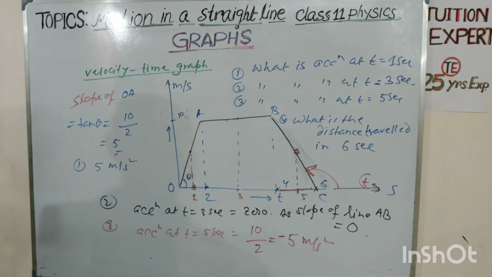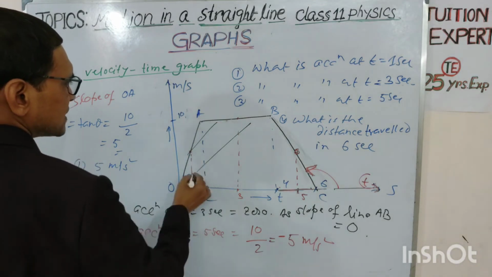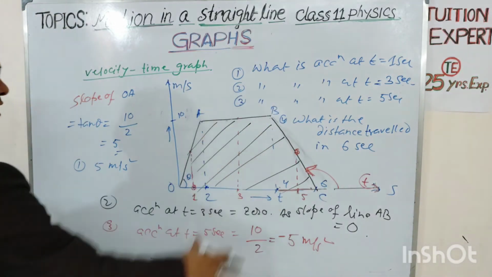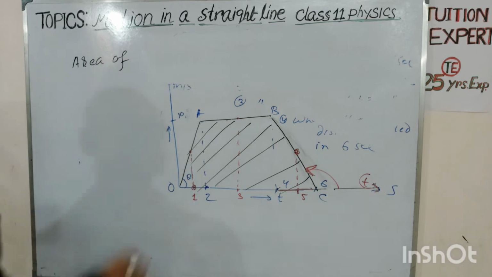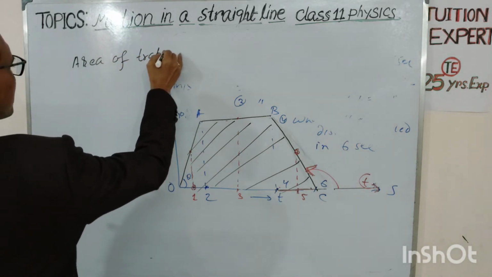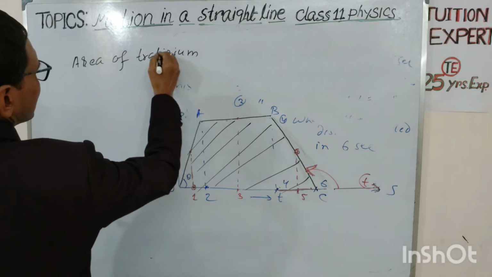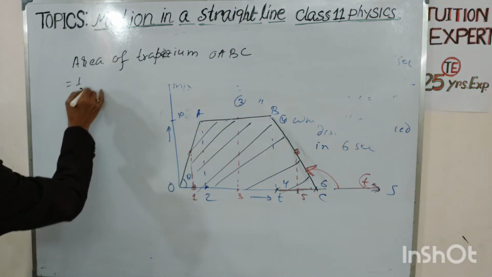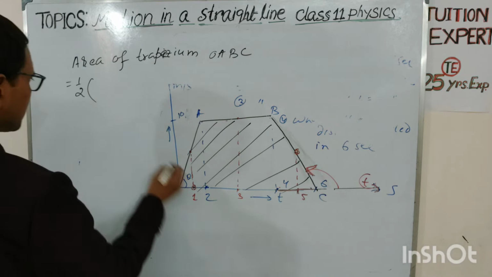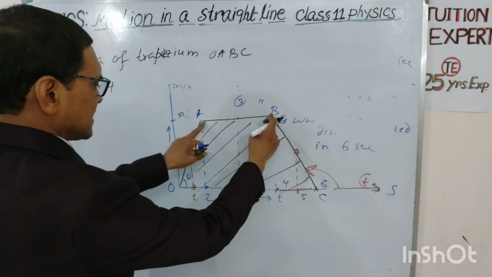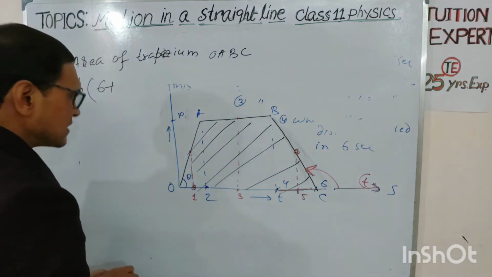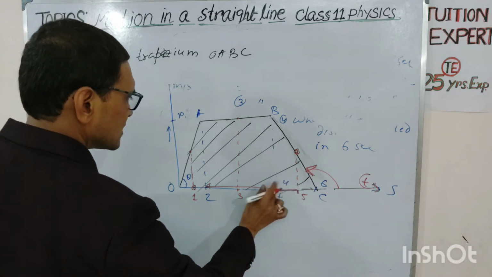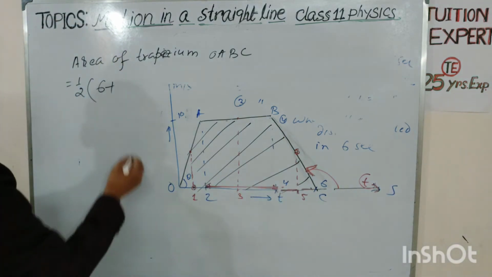Now what is the distance traveled in 6 seconds? We know from theory that the area under the VT graph equals the distance traveled. So we have to find the area of the trapezium OABC, which equals half the sum of the two sides, into height. The sides are 6 and AB, where AB is 2 to 4, that is 2.